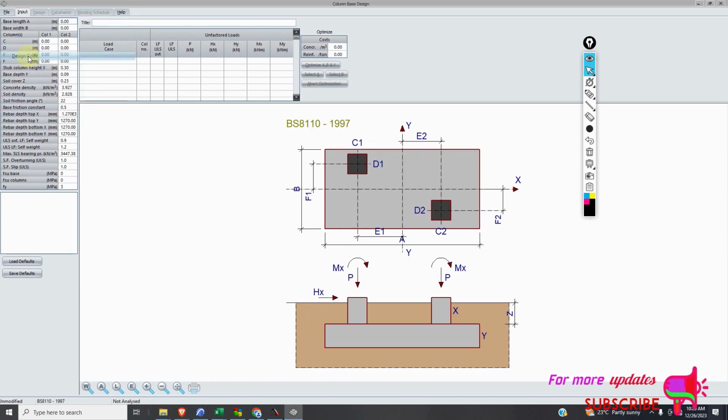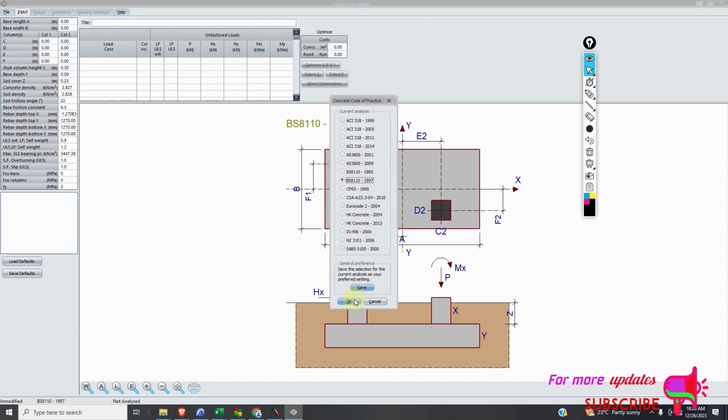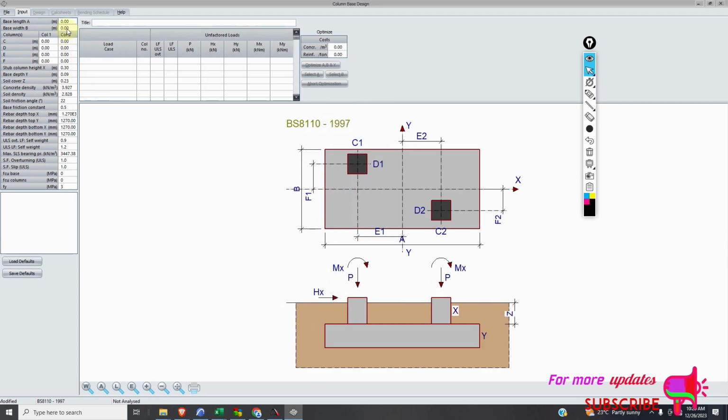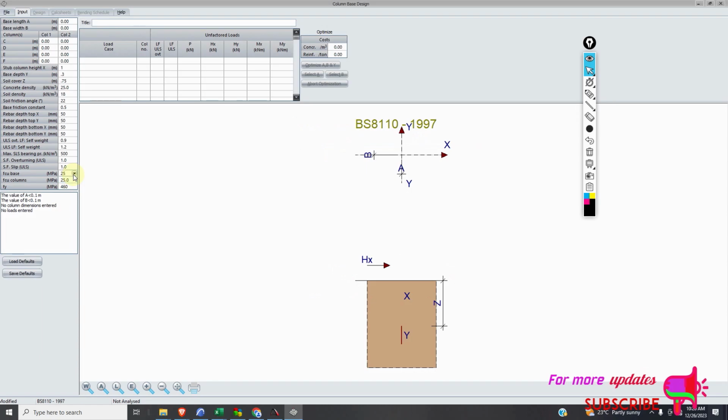And then design code, I'm using BS, right? So let me save the data. Right, I'll load some of my defaults. I see we need to fill data. FY is of course 460, FCU 25, base FCU we can just use less than this, maybe you can use 20.